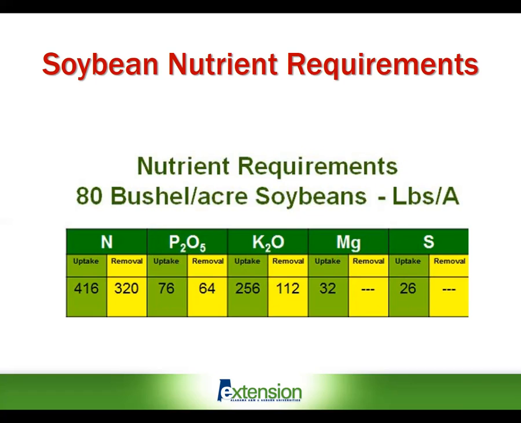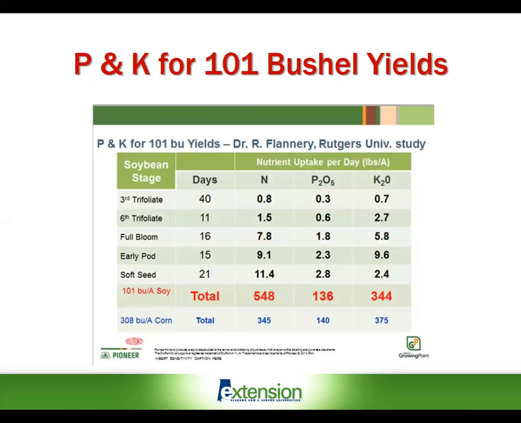Once you start putting those pods on, just like the cotton boll is a potash sink, the soybean pod is a potash sink, and it will pull potash out of the leaves. If you look at some extremely high yielding soybeans, when you get to early pod production, it takes 10 pounds of potash per day.